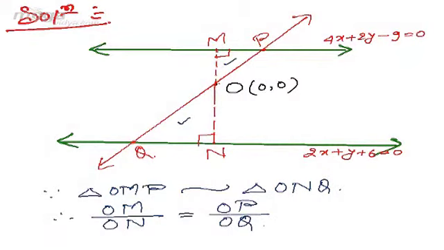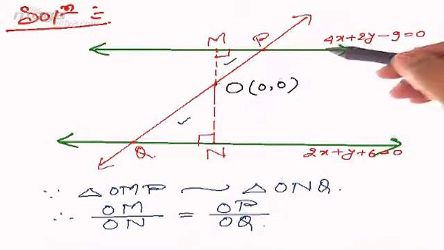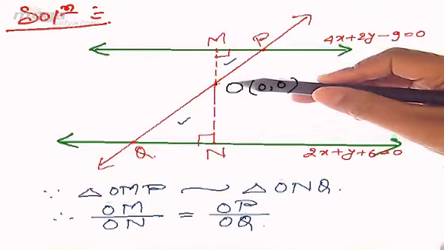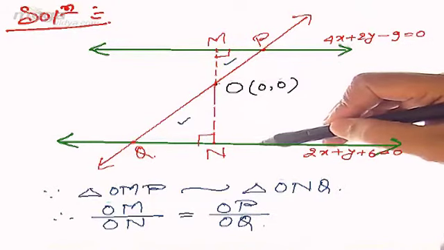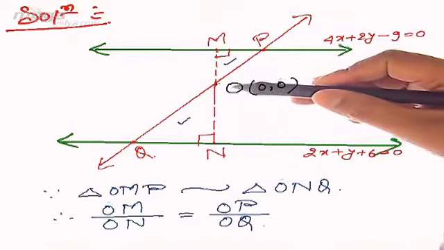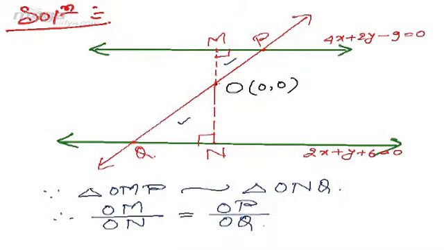It means to get the result OP upon OQ, we will find out OM upon ON. OM is the distance of the first line from the origin and ON is the distance of the second line from the origin. So now we'll calculate OM and ON.